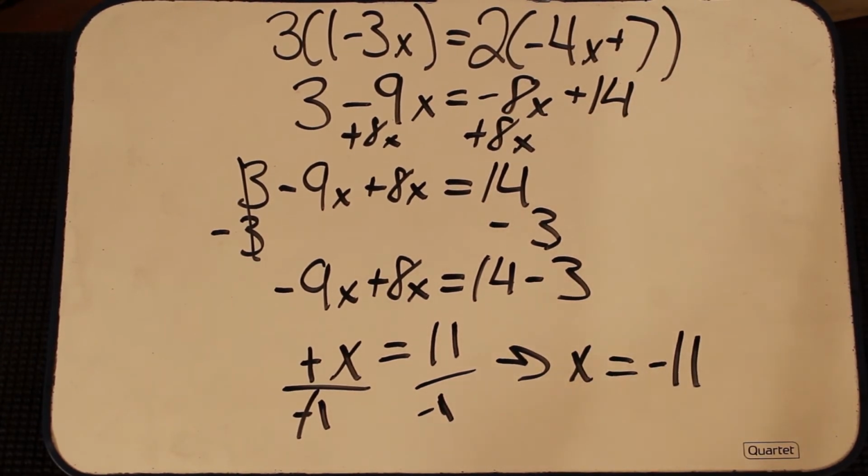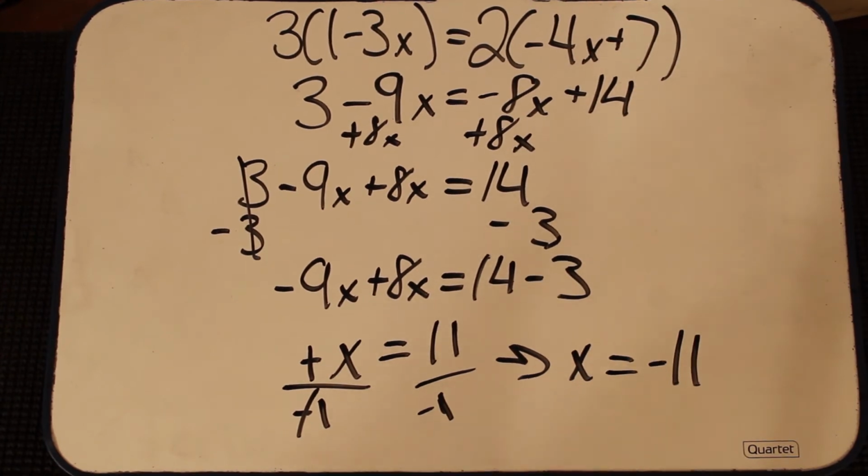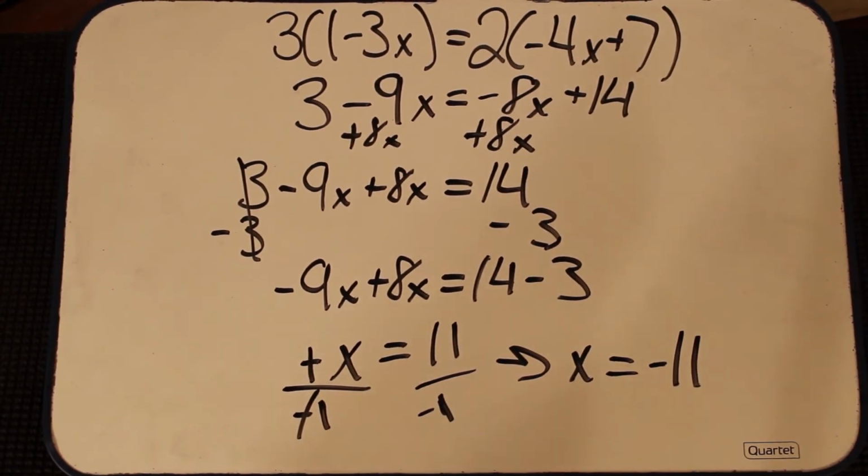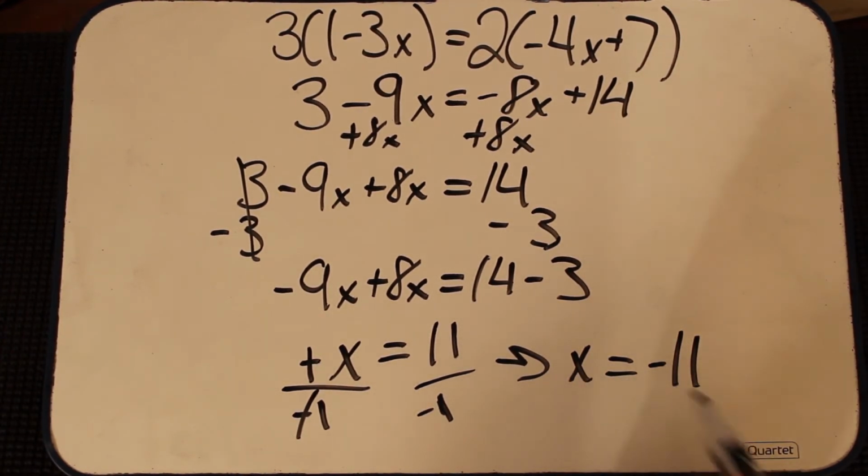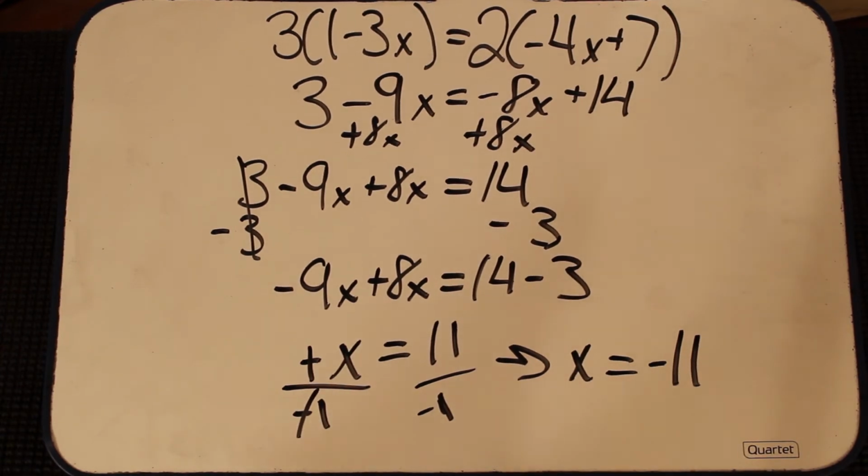Then, we moved our terms around so that we had all the variables on the left side and all the constants on the right side, and then we combined our like terms. So, negative 9x plus 8x would equal negative x, and 14 minus 3 would be 11. Then our variable was still negative, so we divided by negative 1 to change the sign, and we divided by negative 1 on both sides. So we had x equals negative 11.